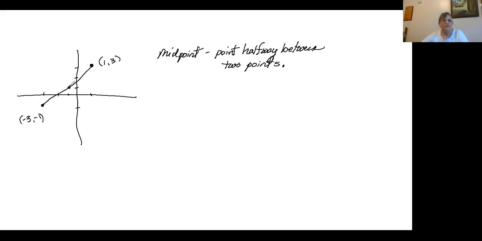And one of the interesting things is that you can determine the x value completely separately from determining the y value. The x value for this point is exactly halfway between the x values for these points.